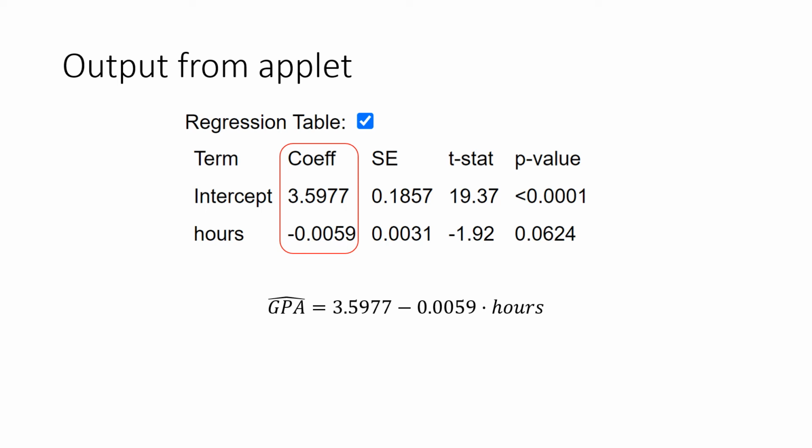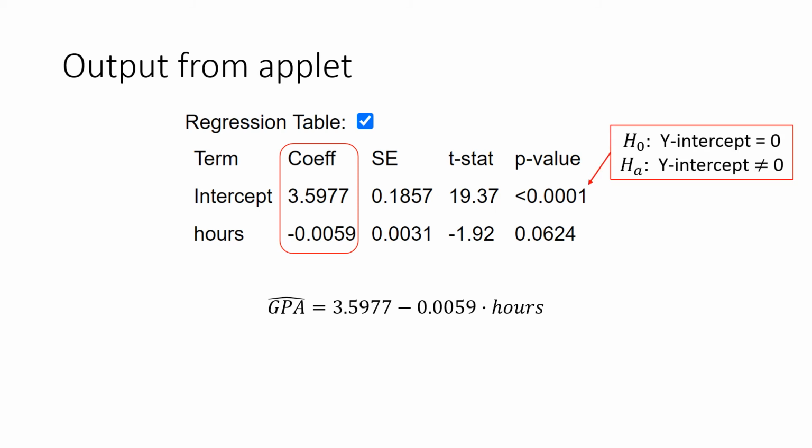The p-value that we're interested in is in the last column, marked p-value. Typically, you can just ignore the p-value on the first line, the line marked intercept. This is the p-value for a test of whether the y-intercept in the population is equal to or different from 0, which usually we're not that interested in.